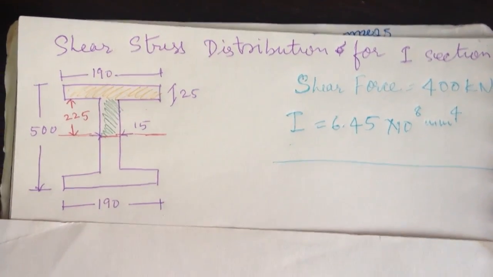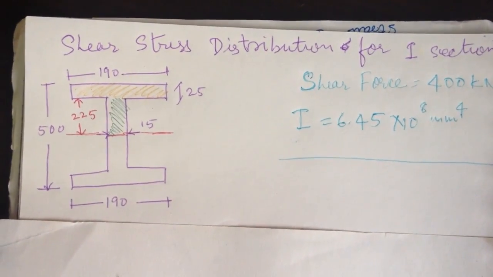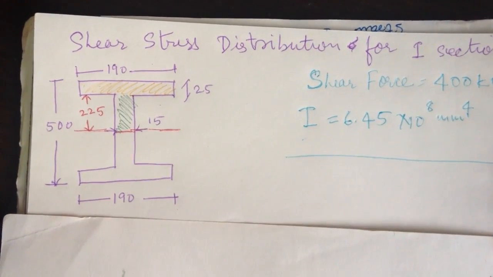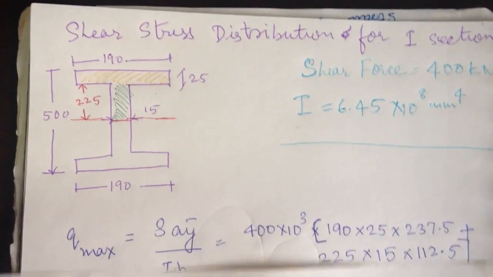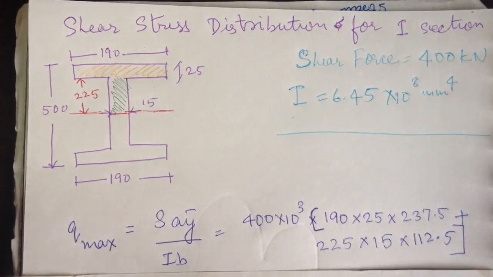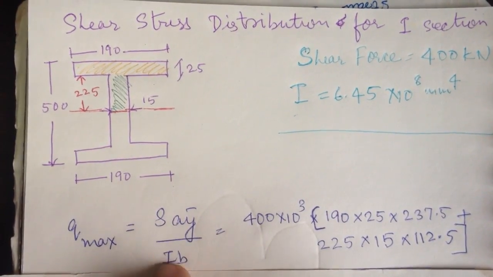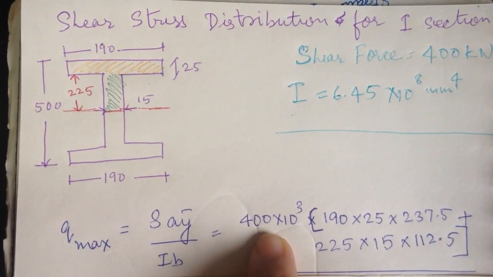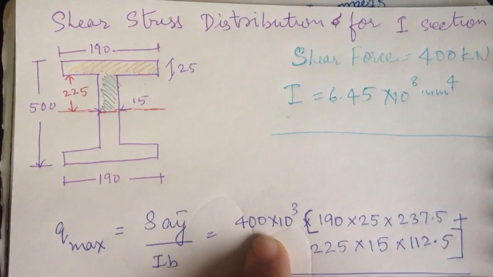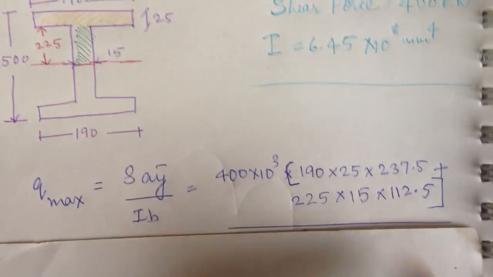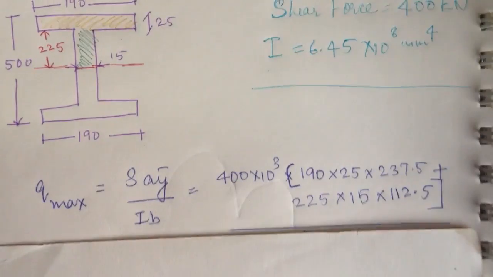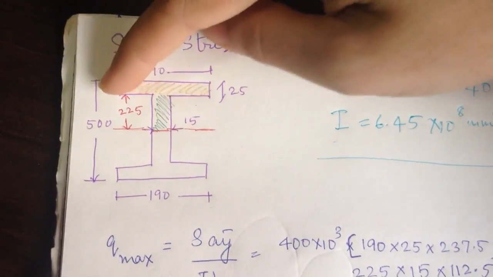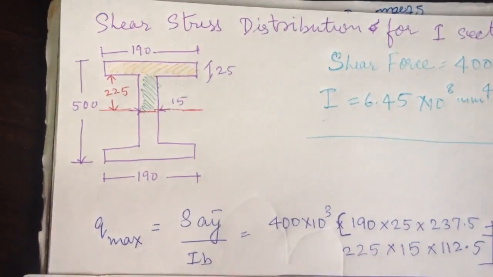So the first thing to do is find the maximum shear stress point, which is the easiest in this problem. You just write the formula S A ȳ divided by I B. Since S is given to us as 400 kilonewton, and this is A into ȳ, we are taking the area, the yellow hatched part and the green part.